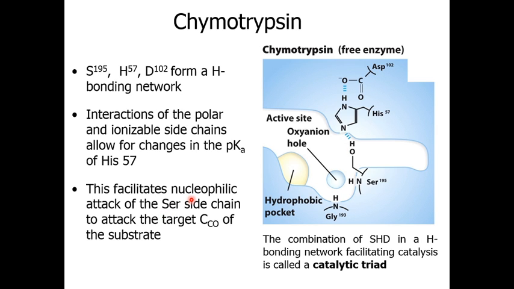This facilitates the serine side chain to attack the target carbonyl carbon of the substrate. And it is this catalytic triad that is responsible for the mechanism of reaction of chymotrypsin.